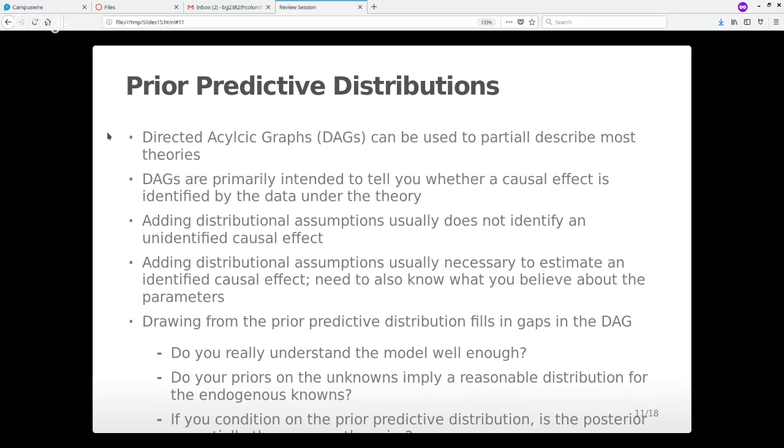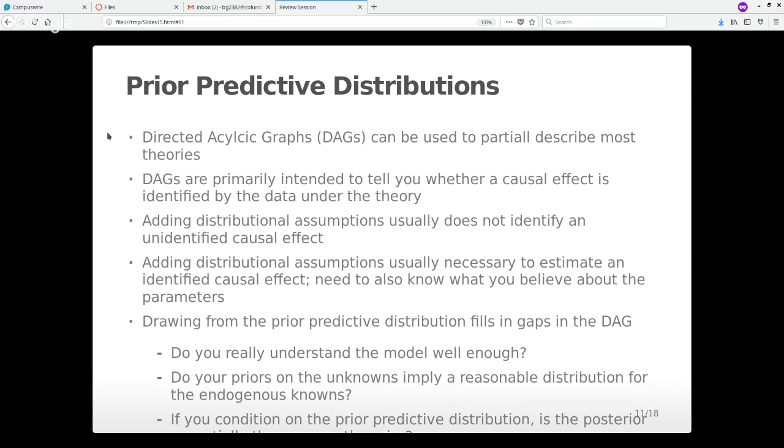Drawing from a normal distribution is not the hard part. It's putting all the pieces together to have a plausible story for how this endogenous known came to be. If you can write down the steps of that story using computer code, get the errors and stuff out of it, and actually get draws, then you probably do understand it well enough to start doing other things with it.